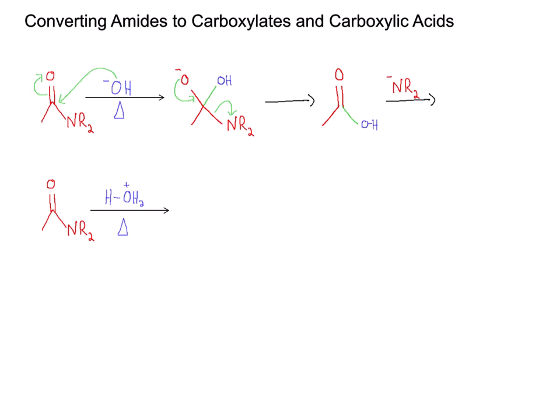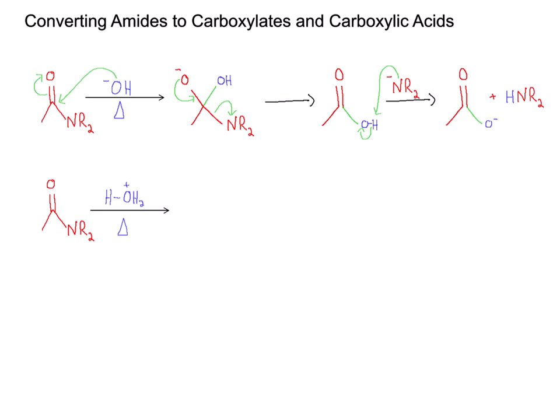And that means what's actually going to happen is that NR2 is going to deprotonate the carboxylic acid. This step is why this reaction is not reversible, because now we have a carboxylate anion and an amine. And once we have the carboxylate anion, which has a negative charge, we are not going to be able to attack that carbonyl carbon with the amine.